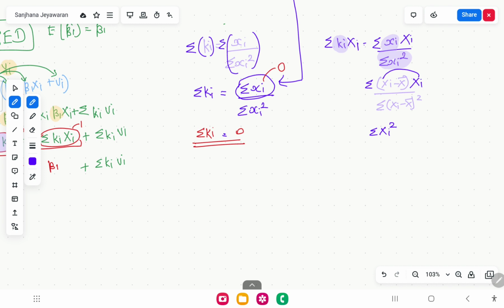Then if I multiply, this is not cross multiply, actually I'm removing the brackets. Then I multiply xi with x bar, it will be minus sigma xi x bar. Since x bar, this part is a constant, that can be taken out, and I can put it over here, x bar, so that I can remove this.